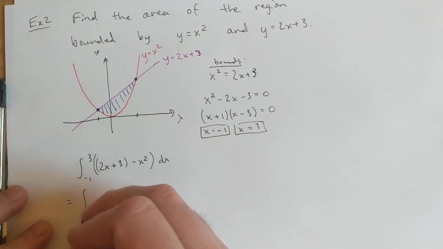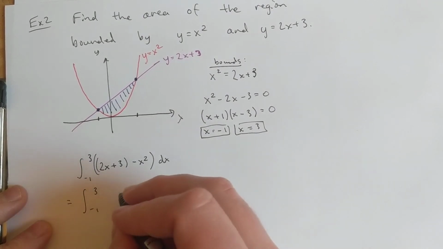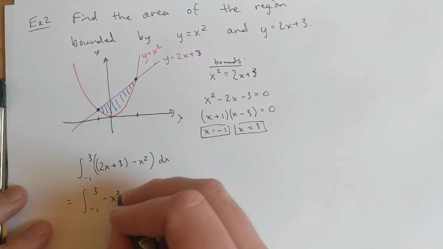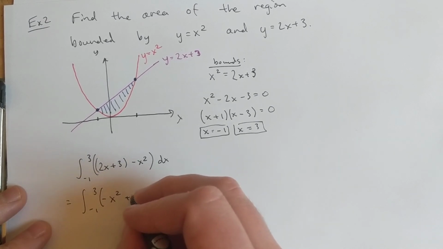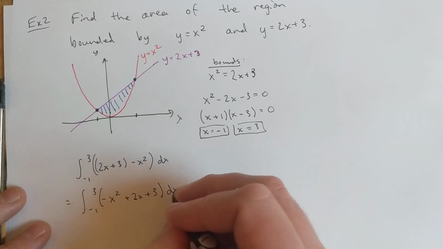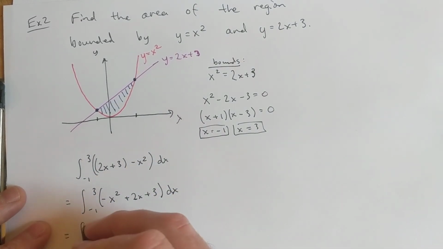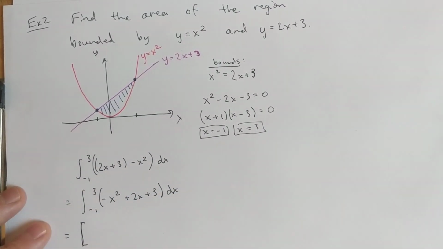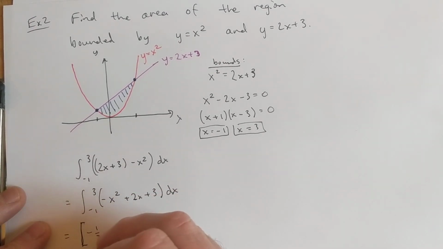Okay, so let's clean this up a bit. I'm going to write this as negative x squared up front and then plus 2x plus 3. All right, so take the integral. These are just polynomials, so not too bad.